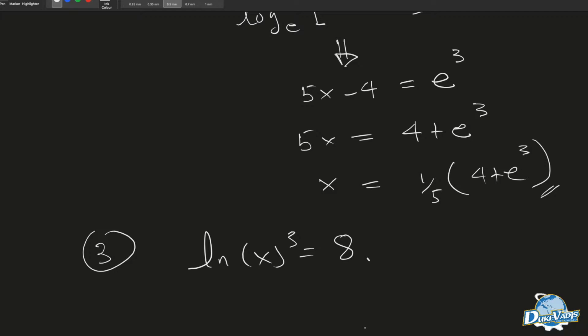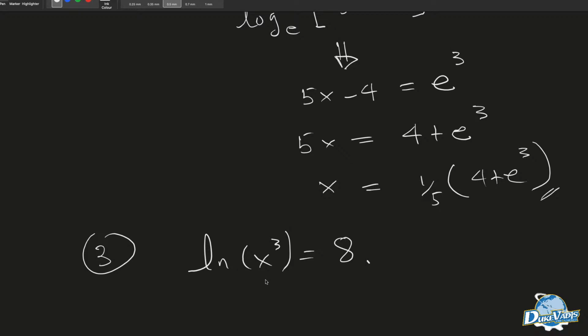Natural log of s cubed. Alright, so the natural log of s cubed. Let's write it well: the s cubed. Okay, so that's how it's supposed to be. So that's what we've been given. So let's see how we go about that.